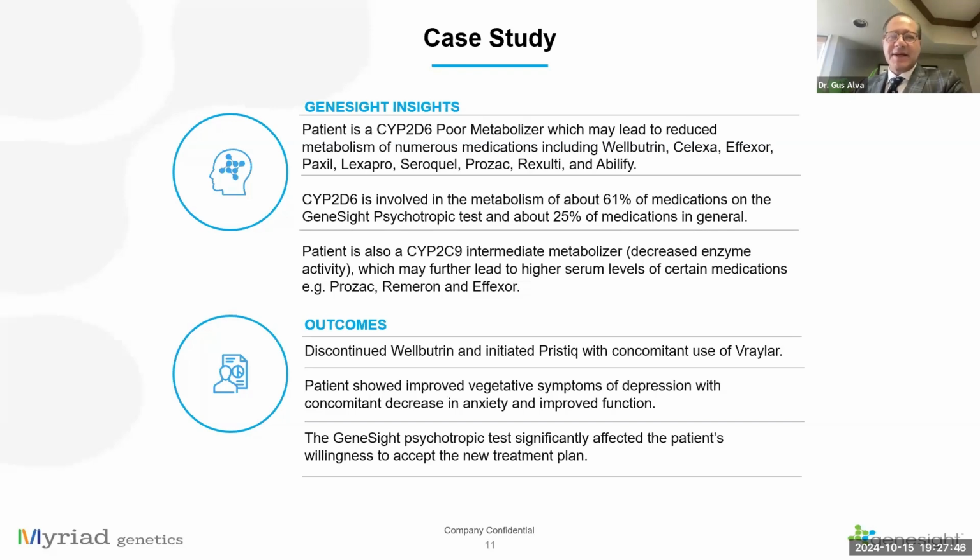But if that's not playing out along the lines of that patient being able to get back to work, doing their domestic chores or engaging socially, then what's the point, right? And so this is a great example of where the GeneSight psychotropic test affected the patient's willingness to accept the new treatment plan and just accorded me a little bit more runway so as to actually get the plane off the ground.